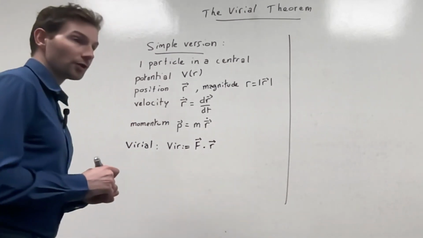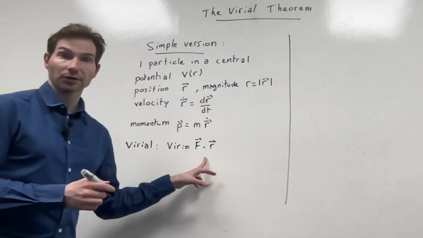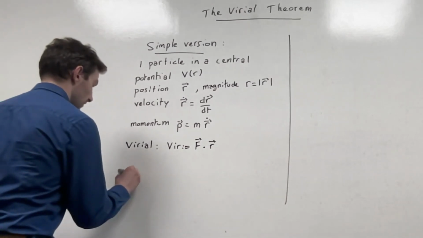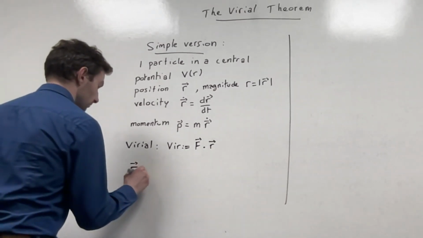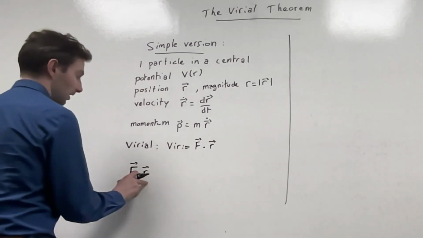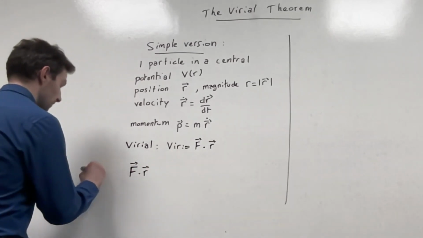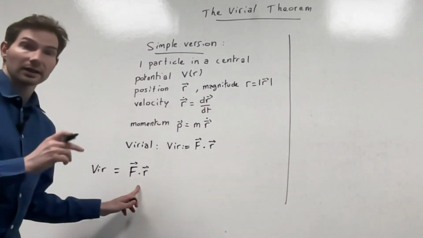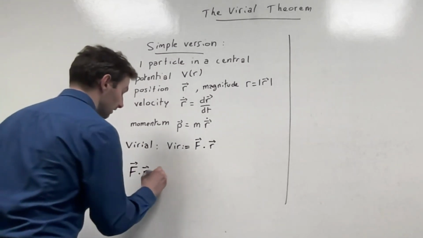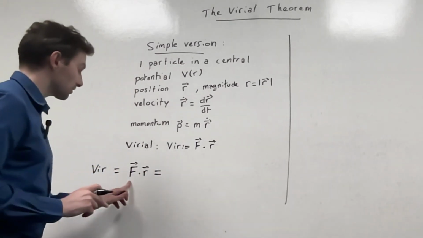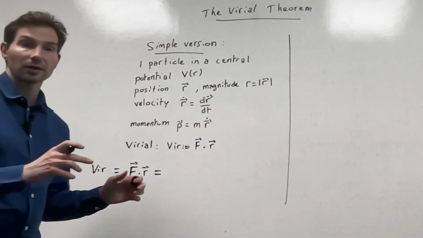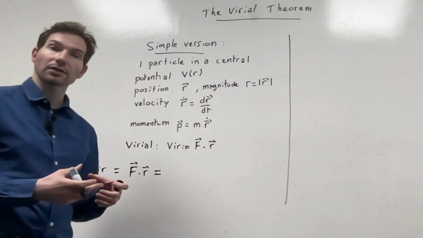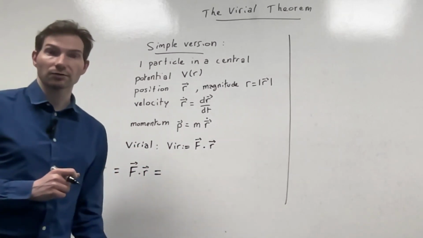So what we are going to do is start from the virial. I've got that F dot r, so I'm starting from that line and writing that the virial is equal to F dot r. Now I'm going to apply the principle that the force I'm looking at, by definition of a central potential, is a conservative force.